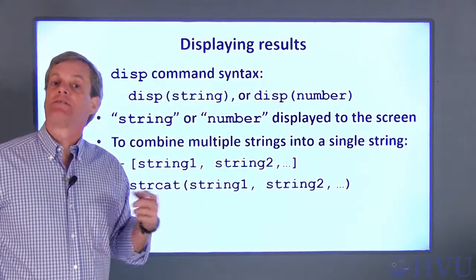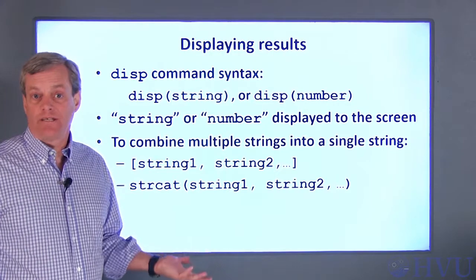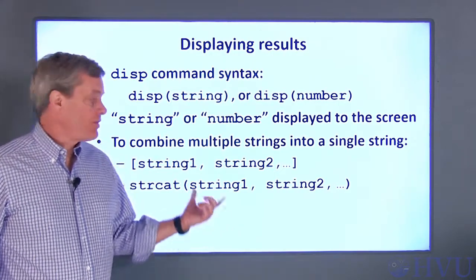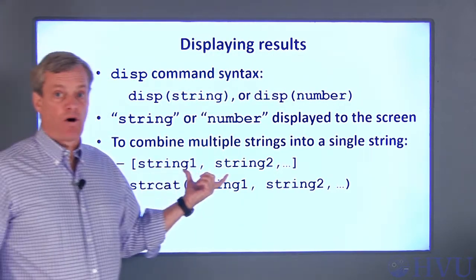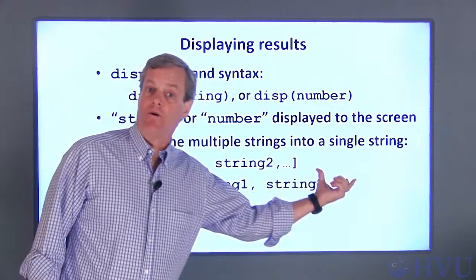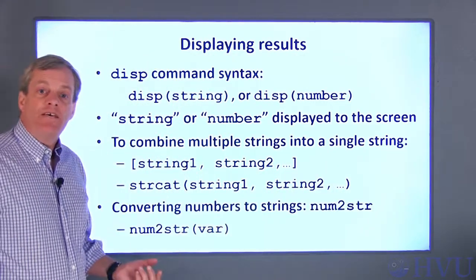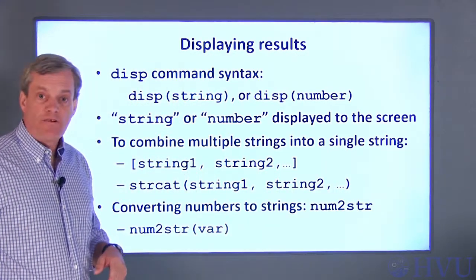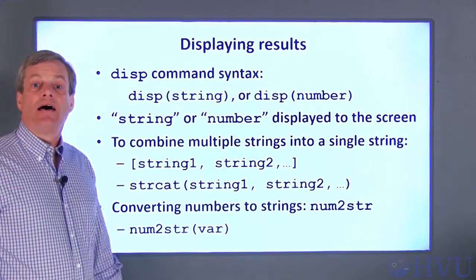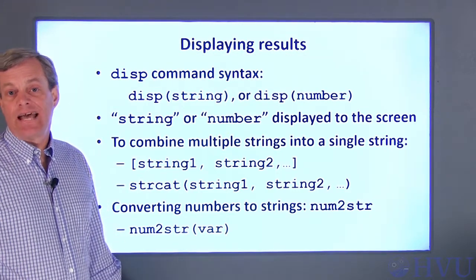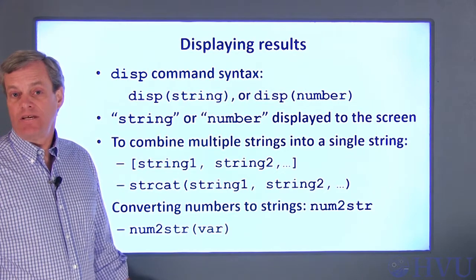In either case, the strings get combined in the order they're listed, so the final string will start with string 1, the next part of the result will be string 2, and so on. This trick, along with another MATLAB command, allows us to display both strings and numbers in the same disp command.